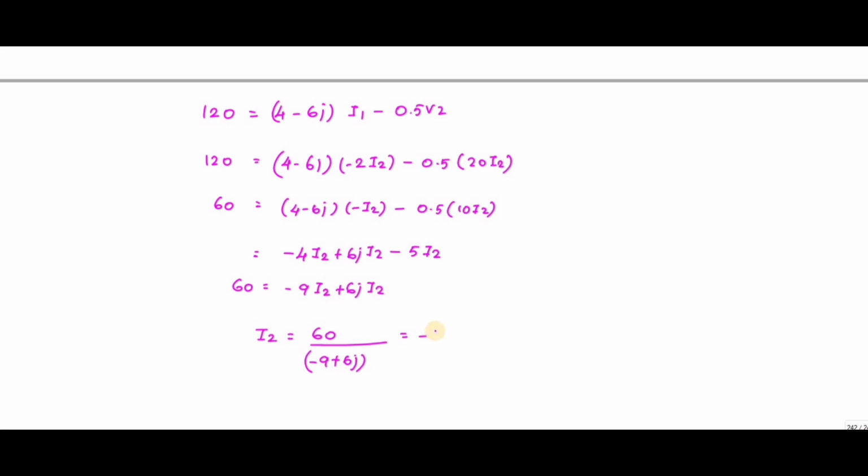If you solve, you will get I2 equal to minus 5.545 at an angle of 33.69 degrees. Here we know that V2 is equal to 20 of I2, and V2 is nothing but V0.